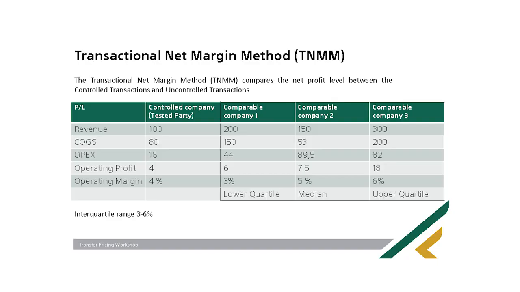So if I'm a distributor, I'm comparing with other distributors selling similar products. And you look at their margins. So yes, this has 3, this one has 5, this one has 6. This is within this range. So in this case, there is something called an interquartile range between 3 and 6%. And as long as you are within that range, you're arm's length.